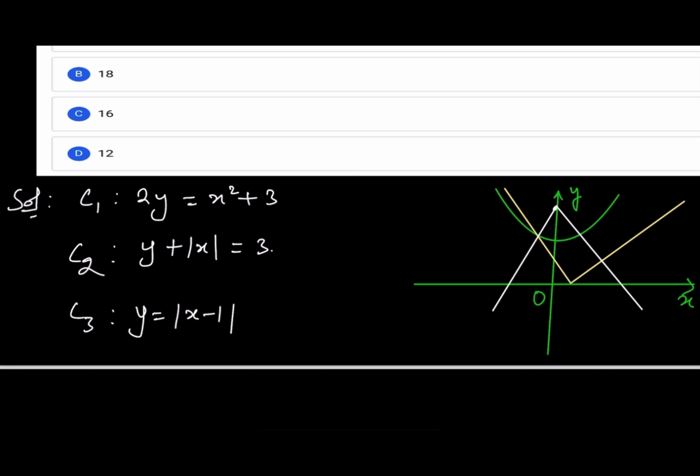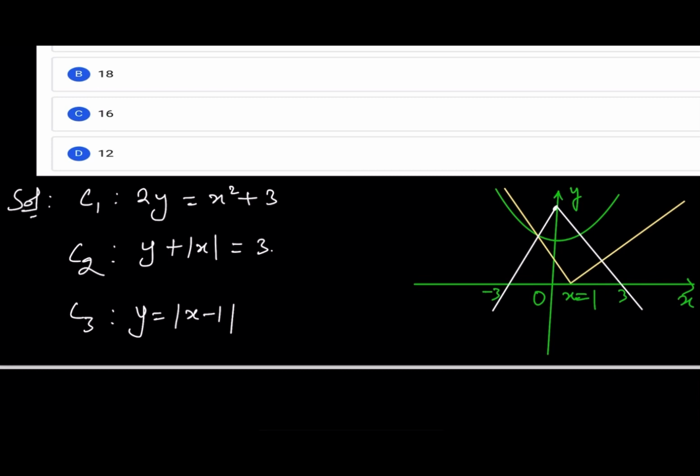So students, these are the three given curves. Now let us write where they are intersecting the x-axis. This yellow curve, which is C3, is meeting the x-axis at x is equal to 1. This white curve, which is C2, is meeting the x-axis at x is equal to plus minus 3.